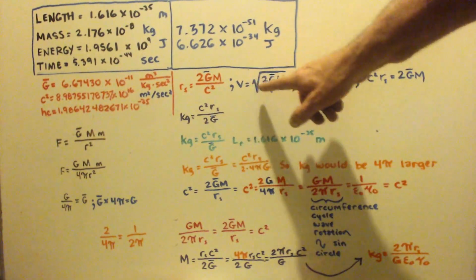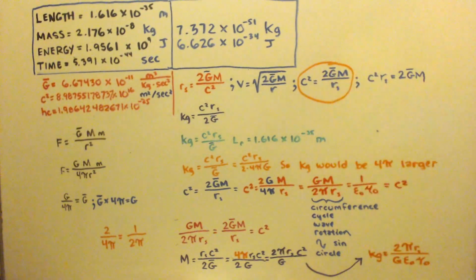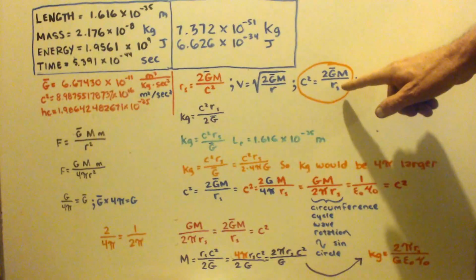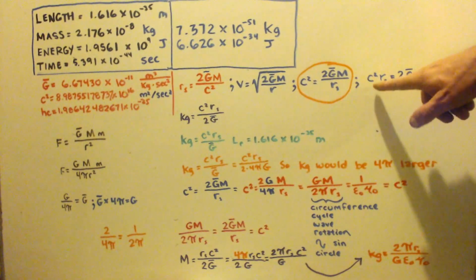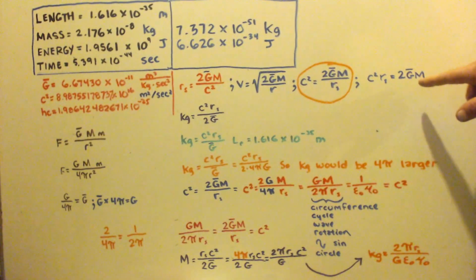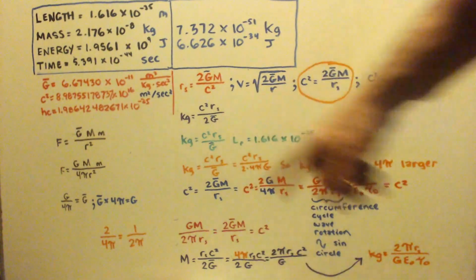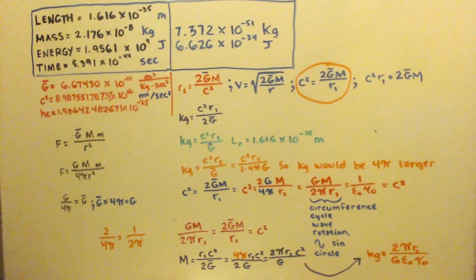Then we squared both sides so that we can get rid of that square root. We end up with this. Then we multiply both sides by r, so we get this. And now we can either divide by c squared to get r, this formula, or we can divide by 2g and get this formula. Alright, so we're going to use this formula here.